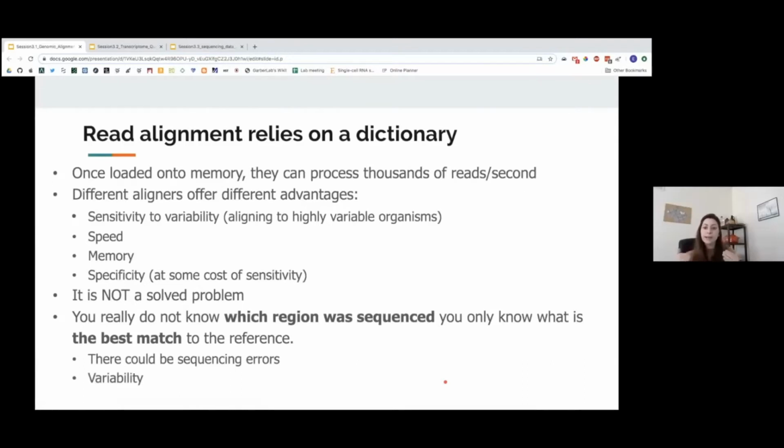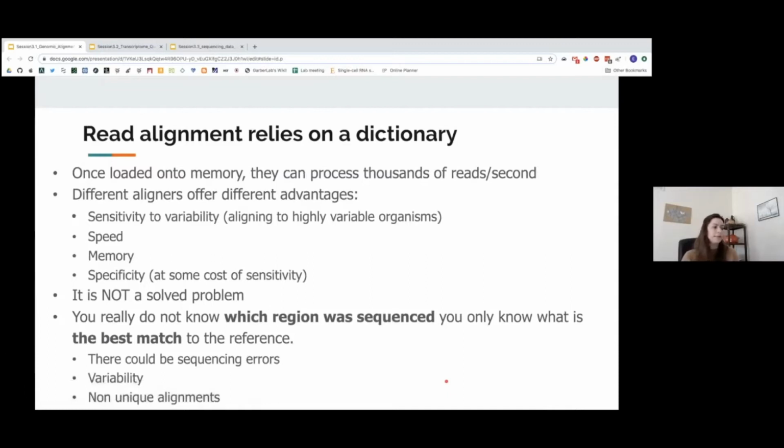You're aligning to a reference genome, and that genome is not going to match the exact genome of the cell you're growing in the lab. Several different mutations have happened in the lab. And other than that, there's variability from human to human. The human reference genome is a composite of several different humans, so it is to be expected to have several different mismatches to the reference genome, and that will impact alignment too.